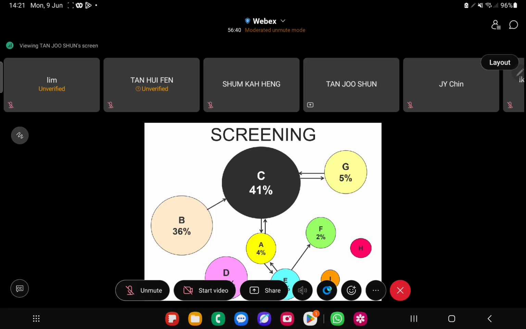Some just interact in one way: B affects C, but factor C won't affect factor B. And there are individual factors that have no interaction with other factors, for example D in this case.